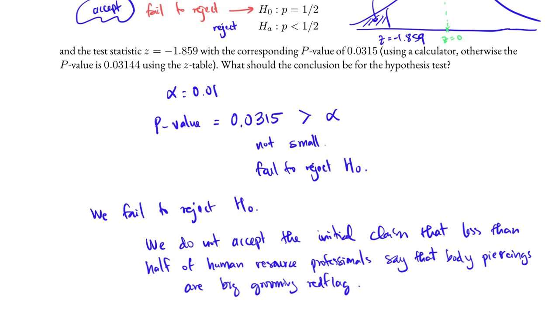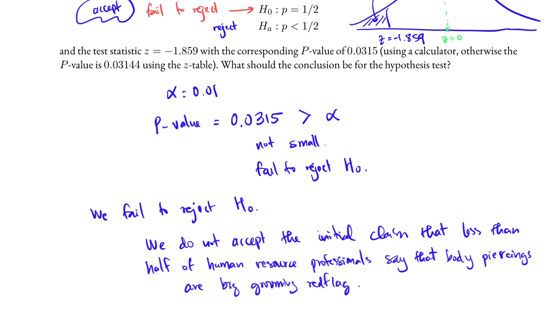It is important to notice that if we were to use a different significance level such as alpha equals 0.05, or if the significance level alpha is not given in the problem, we would have to use 0.05, and if we use 0.05 as the significance level, then the p-value would be small because 0.0315 is less than 0.05.